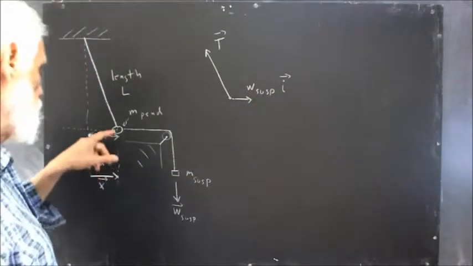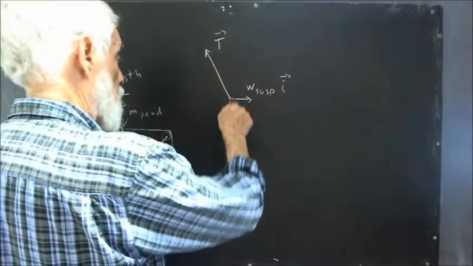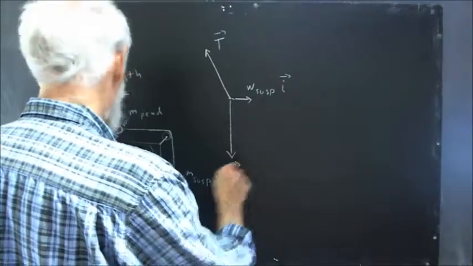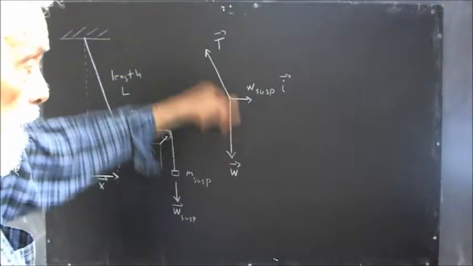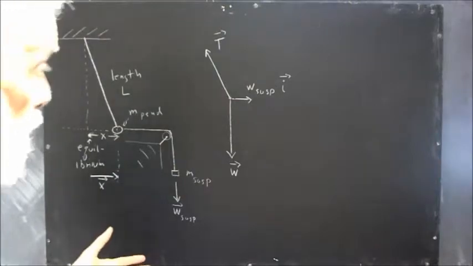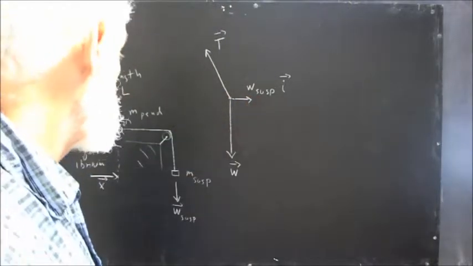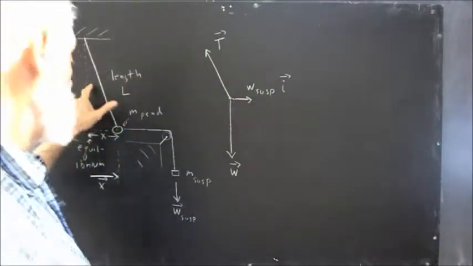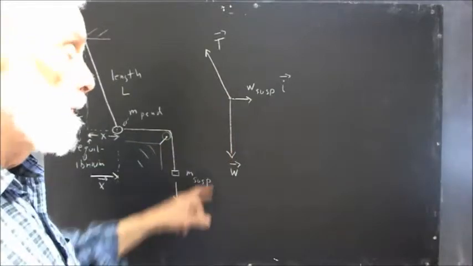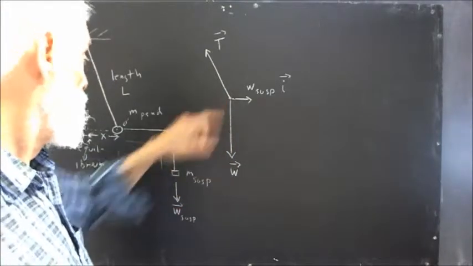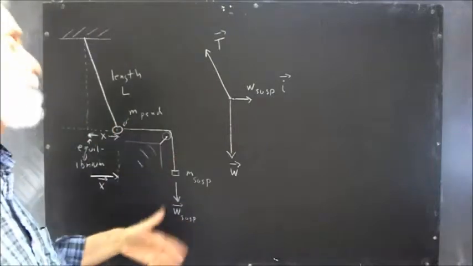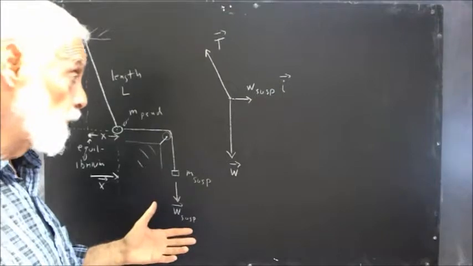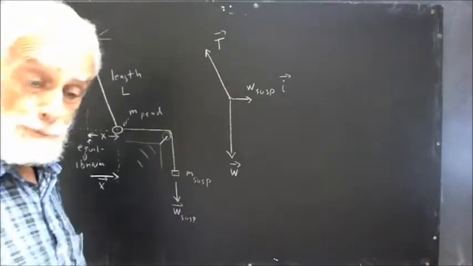The weight force, the weight of the pendulum, which I'll simply call W, is straight down. So we have the three forces: the tension force in the horizontal string, the tension force in the pendulum string, and the force exerted by the gravitational field of the Earth on the mass, or the mutual gravitational force between the mass and the Earth.